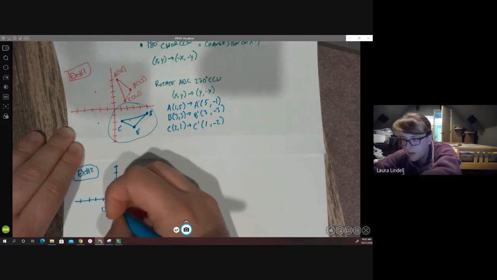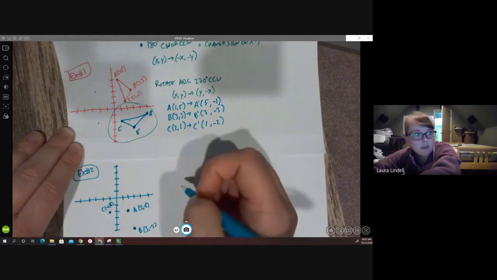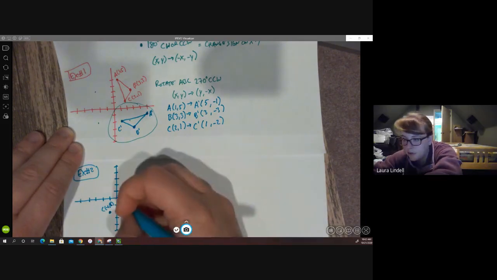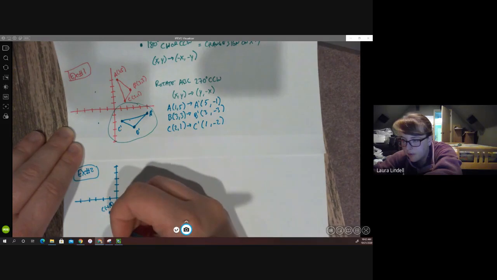So -1, -2. And then D will be over 0, down 5.